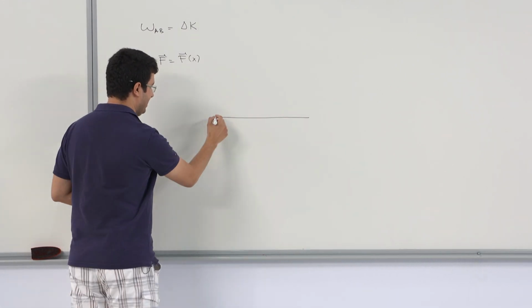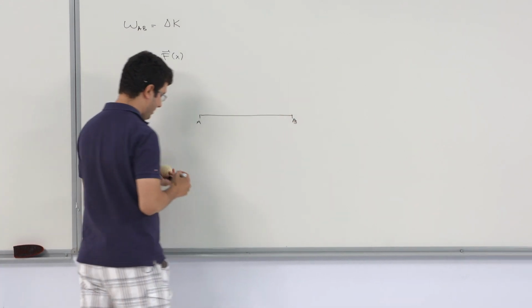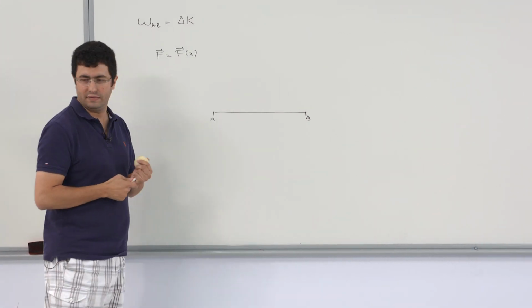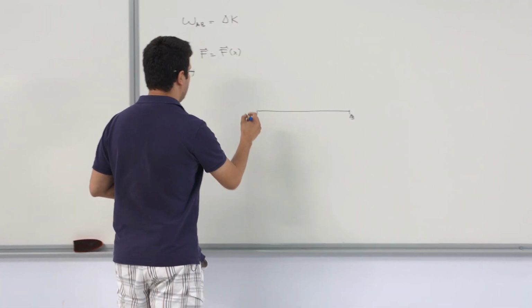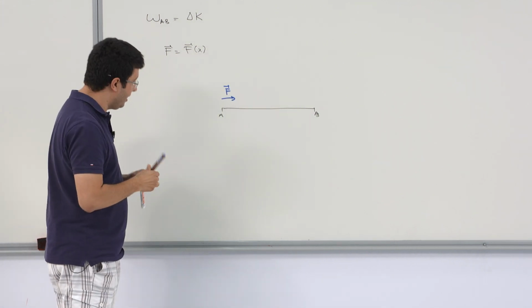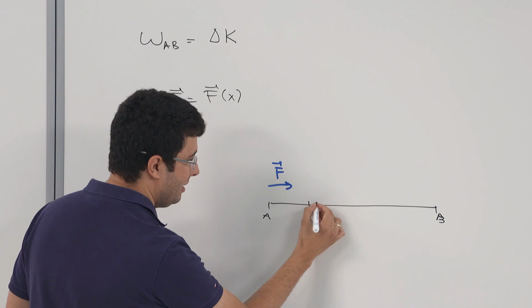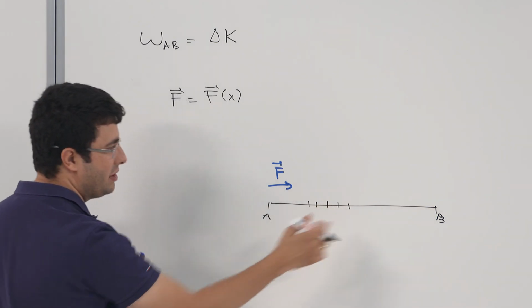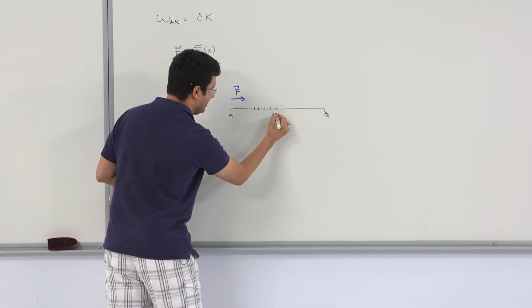So I still take my baseball, let's say, from A to B, or some system from A to B, and I apply a force on it. There's a force here, F, which is f of x. Now what I can do is divide this line from A to B into infinitesimal segments, such that their lengths are just dx.